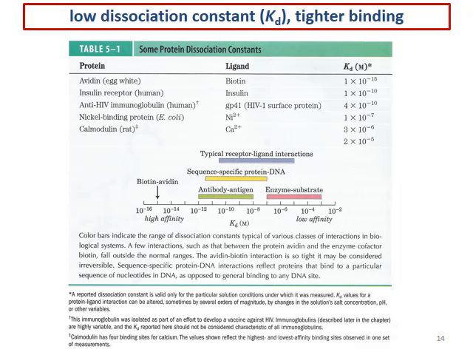So if we start to compare the binding of ligands to their proteins and look at dissociation constants there in the third column, what we see is that the lower the dissociation constant, the tighter the binding. If you look at biotin binding to avidin, it has a tremendously low Kd. That's a very strong interaction. Or insulin binding to its receptor, it has a very low Kd, so very tight binding of ligands to the protein.